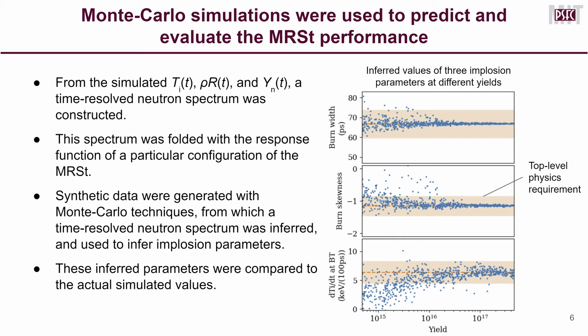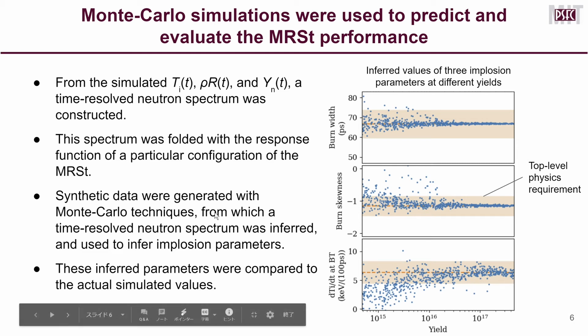We then took those inferred implosion parameters and compared them to the values based on the original simulations to get an idea of the accuracy of these configurations of the MRSt. These accuracies can then be compared to the top-level physics requirements that were determined by the ensemble simulation.